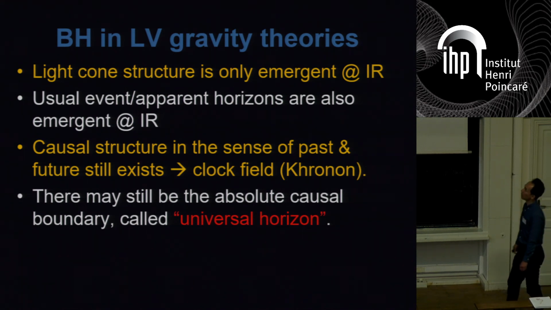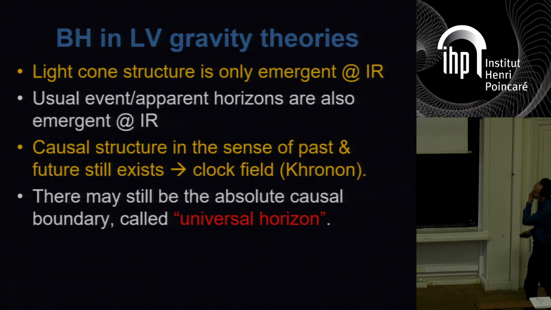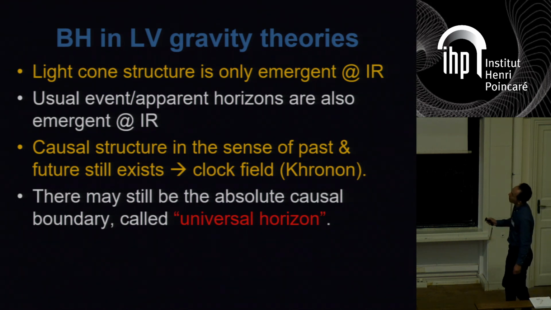Only at low energy do we have a light cone. So the usual event horizon or apparent horizon are also emergent. However, the causal structure in the sense of past and future still exists because we have a kind of clock field, sometimes called chronon. And there may still be an absolute causal boundary, the universal horizon, from which nothing can escape.